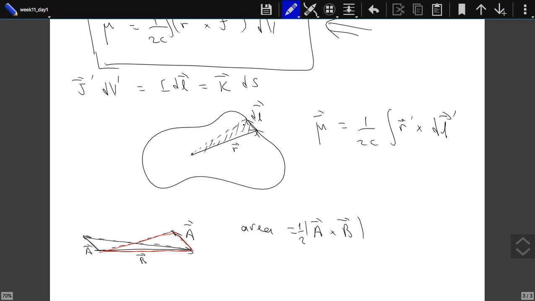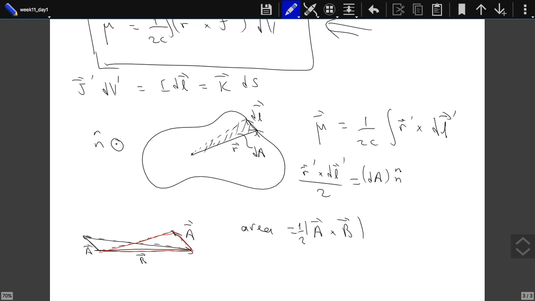So let's just look at this small triangle over there. R prime cross dl prime over 2 is nothing but, if you just assume this to be the n direction, this factor is nothing but that, let's say this is dA in the n direction. So that vector R prime cross dl over 2 has the magnitude of the area of that triangle, and it is in the direction perpendicular to the plane of this loop.